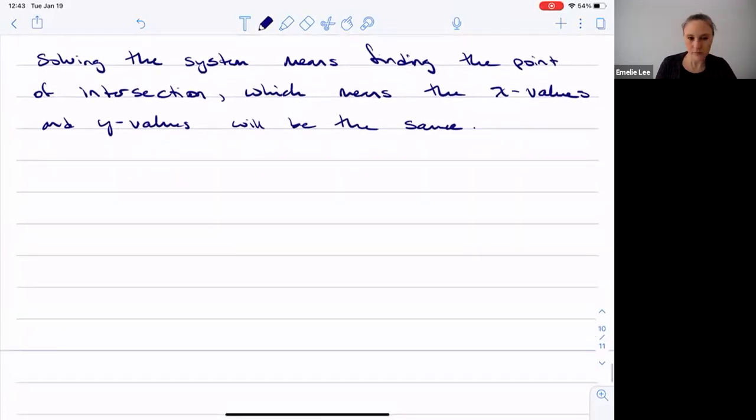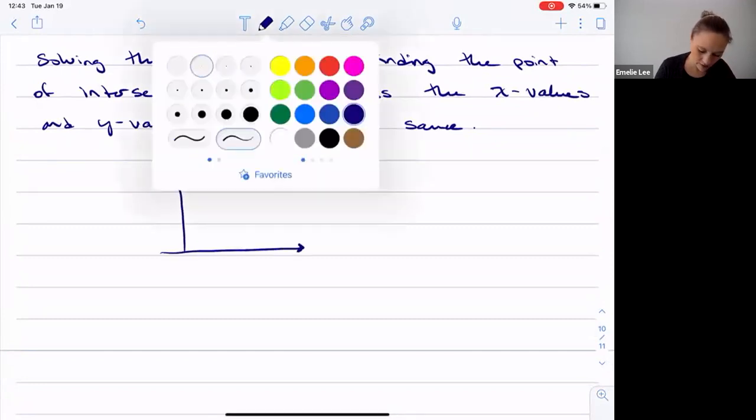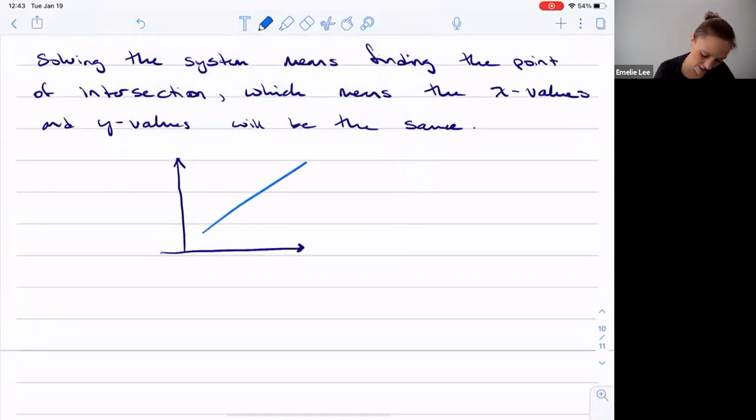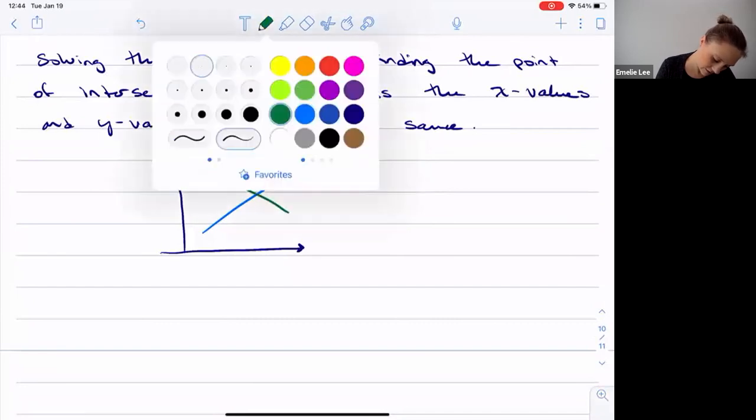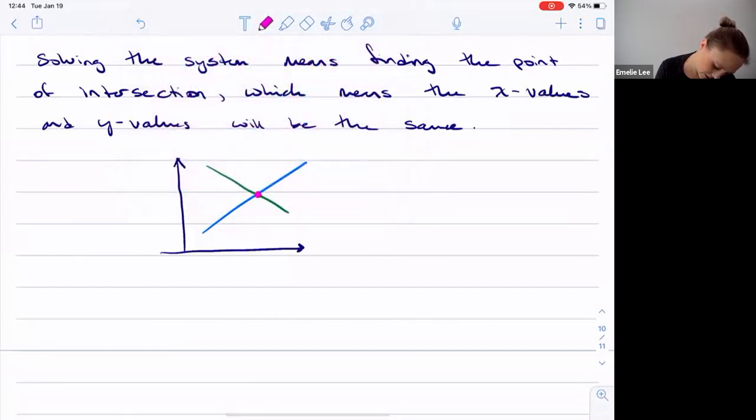So just to illustrate, if you've got this grid here and you've got your first line, and then you've got your second line here, then this is the point of intersection.